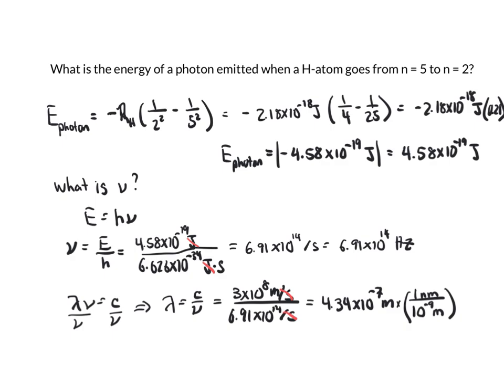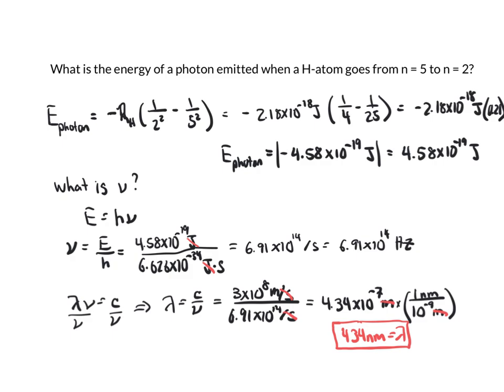And when I do that, my meters will divide out, and I'll be in nanometers. So 10 to the minus 7 divided by 10 to the minus 9 is 10 squared. And so I end up with 434 nanometers as a wavelength for the photon that gets emitted when I go from n equals 5 to n equals 2.